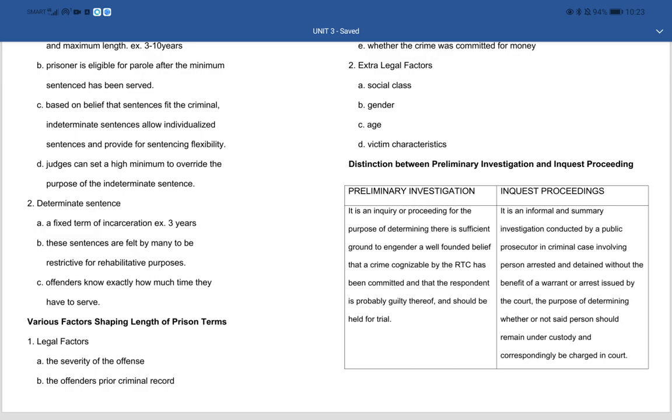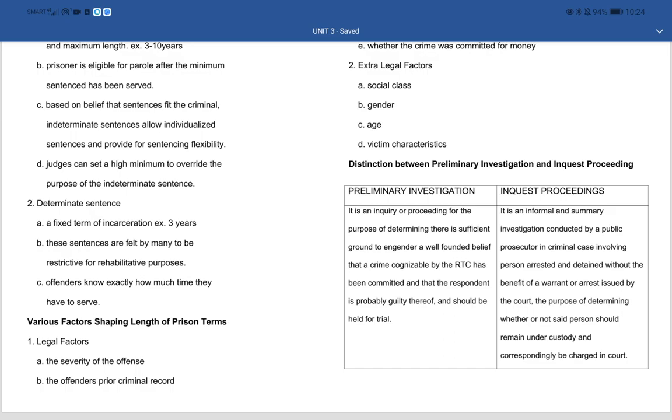So inquest proceeding usually involves warrantless arrest. Those without a warrant need to be inquested. They should undergo inquest proceedings, an informal or summary investigation. The purpose is to determine whether or not said person should remain under custody.